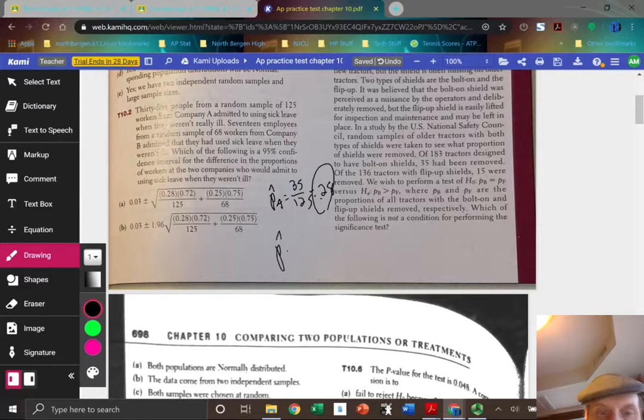Next, we have P hat of company B: 17 employees from a random sample of 68 workers. 17 over 68 gives me 0.25.